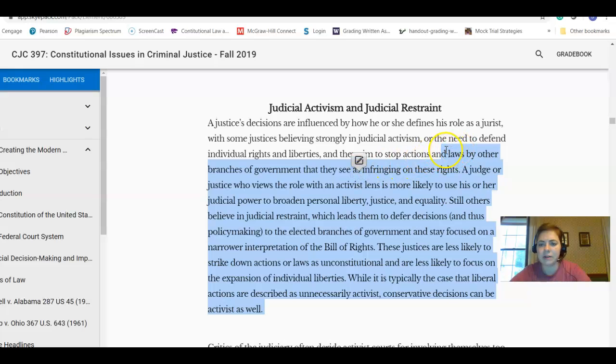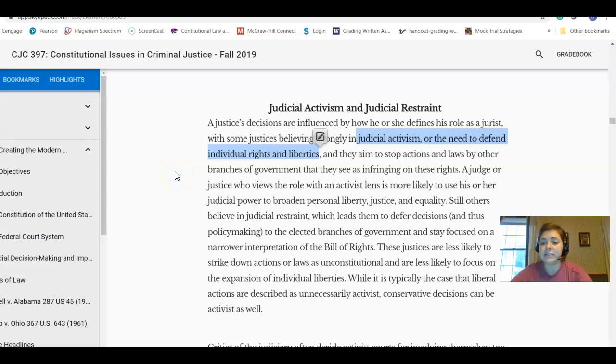Judicial activism is defined generally as this idea that the protection of individual rights and liberties is an important job of the courts. So judicial activism looks at expanding the Bill of Rights and the 14th Amendment to include current practices like same-sex marriage, for example.